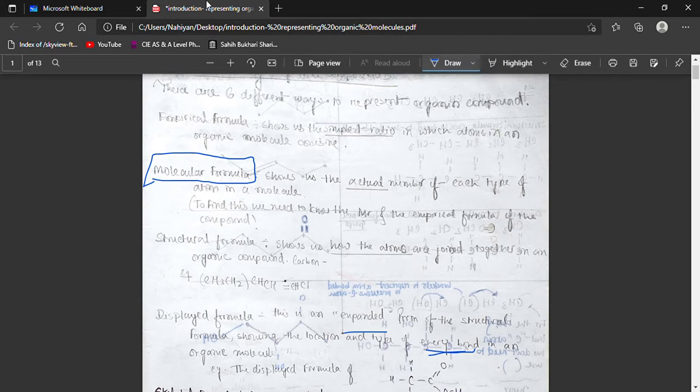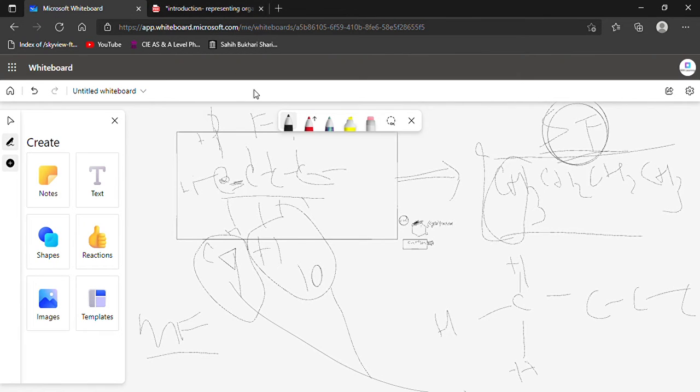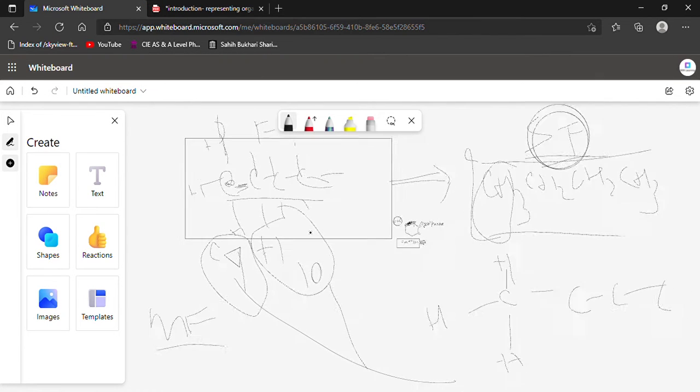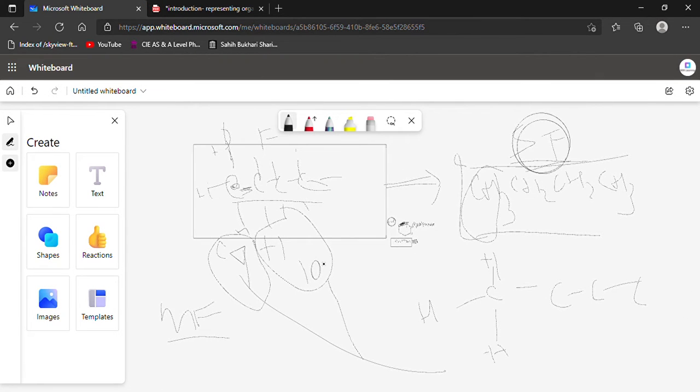And talking about all this, there is something known as empirical formula. Using this, we can usually get the idea of the homologous series. It shows the simplest ratio in which atoms in an organic molecule combine. For instance, rather than writing C4H10, I can just break it down into 2 and 5, so C2H5.